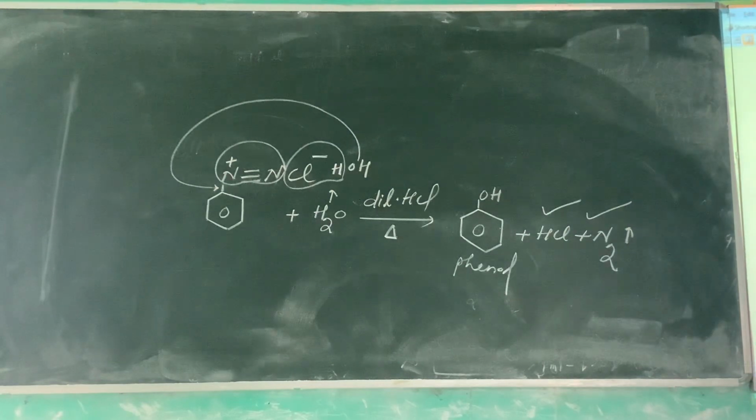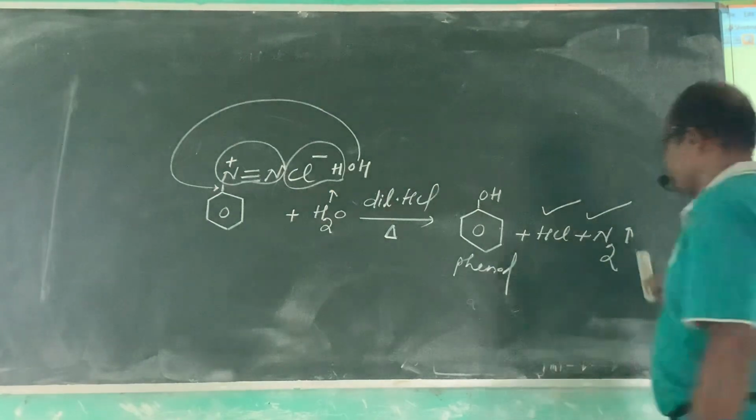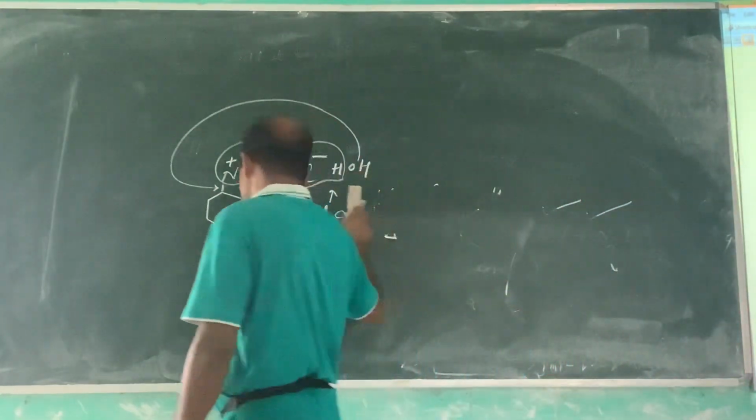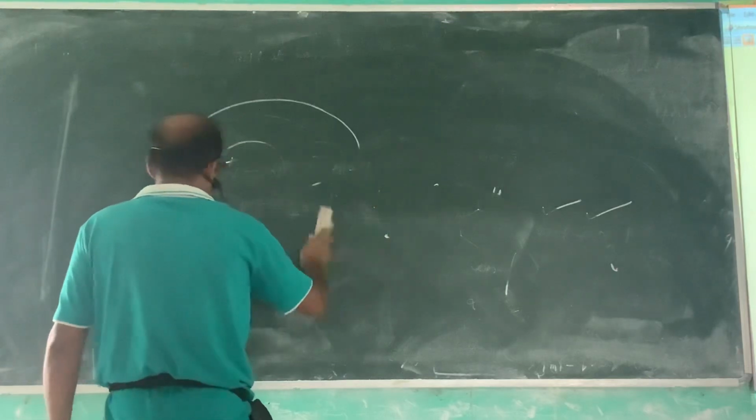Next method of preparation is from cumene. Isopropyl benzene is called cumene.